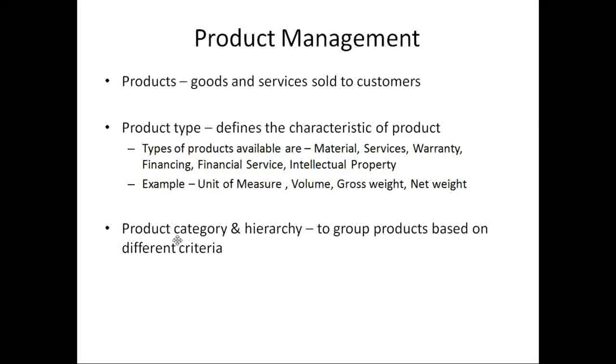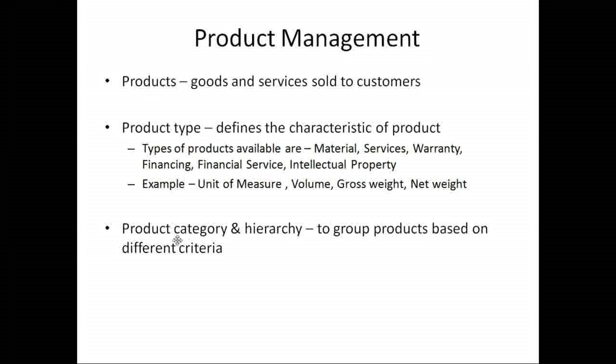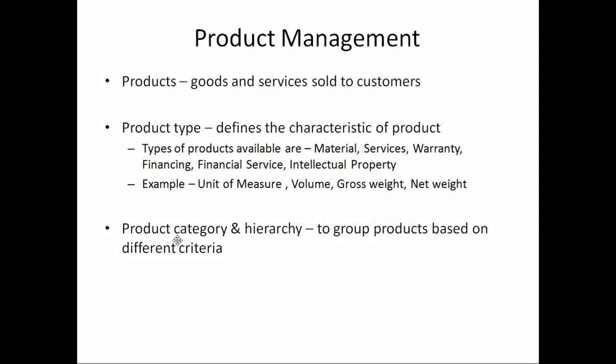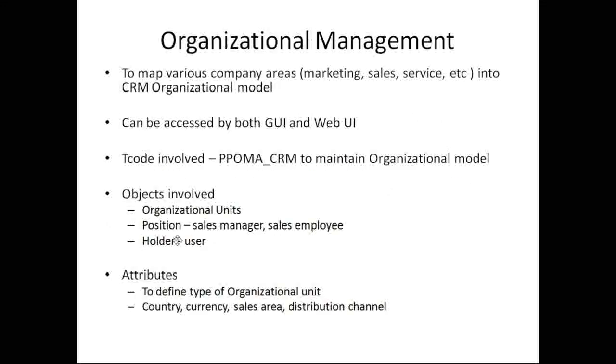So across the business processes, we'll be able to use this product detail when we maintain these details under product management. The product type, the product category, its hierarchy, and other information such as the unit of measure, volume, weight, and net weight. So going forward, we'll see about organizational management.